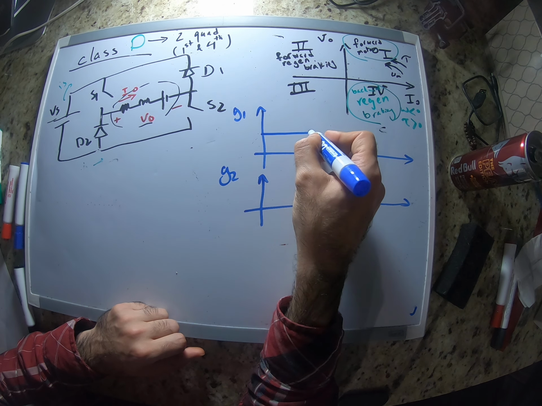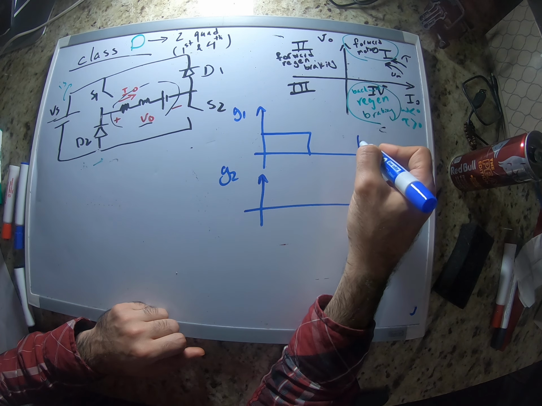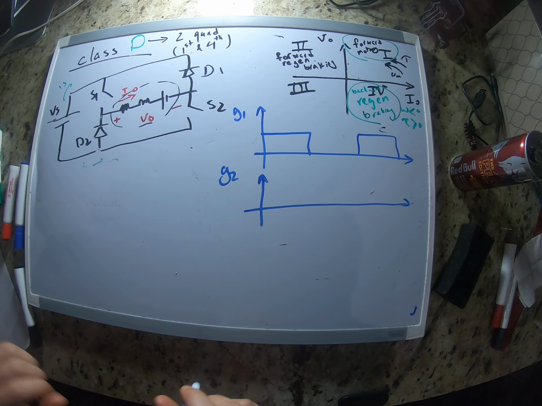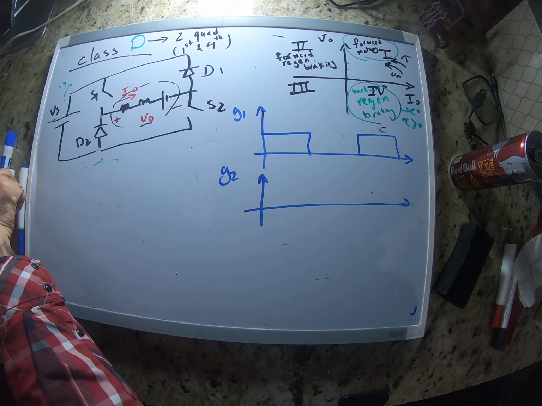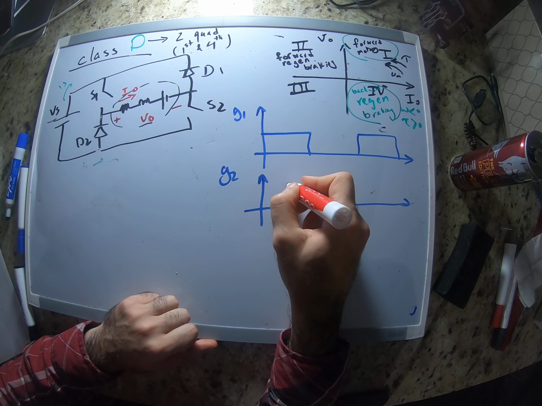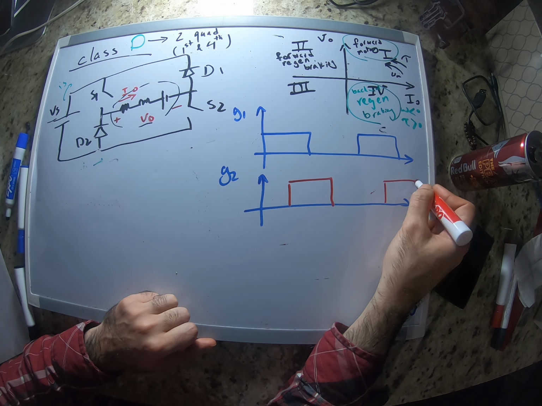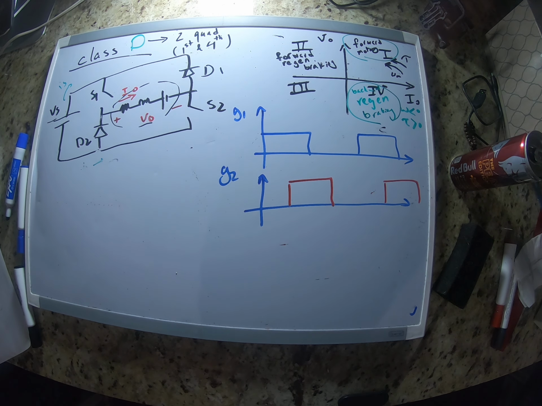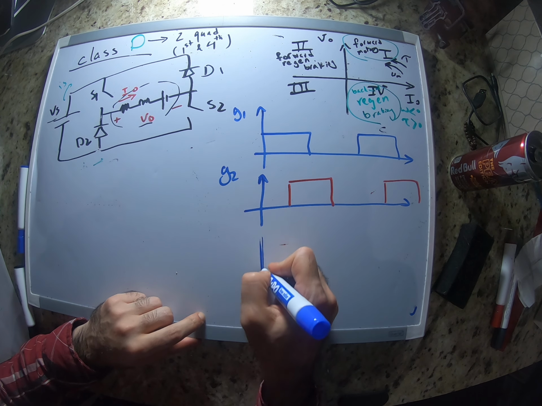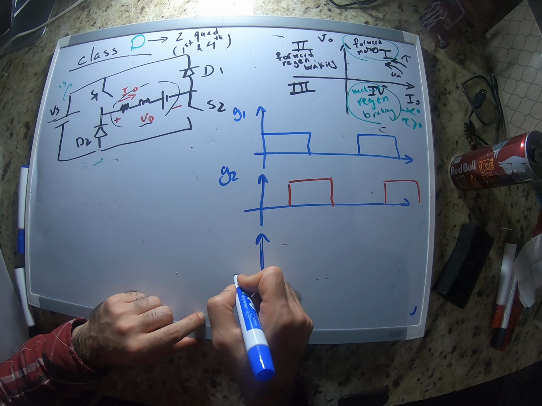If it's something like this, and let's say they're not synchronized. So for switch 2, let's say we turn it on at this point and just like this, something like that. Okay, and we want to see how the output voltage would look like in this case.